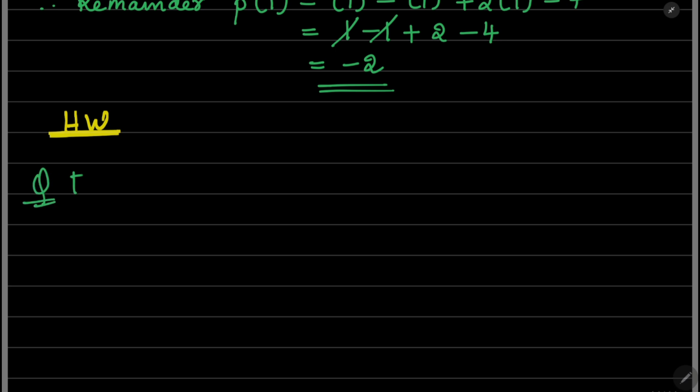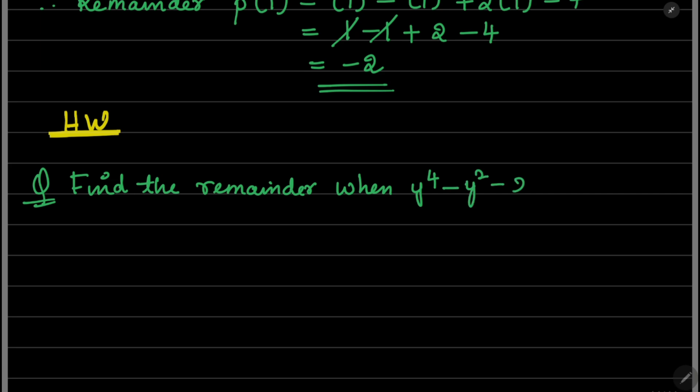So the question is, find the remainder when y to the power 4 minus y square minus 2y plus 4 is divided by 2y minus 1.